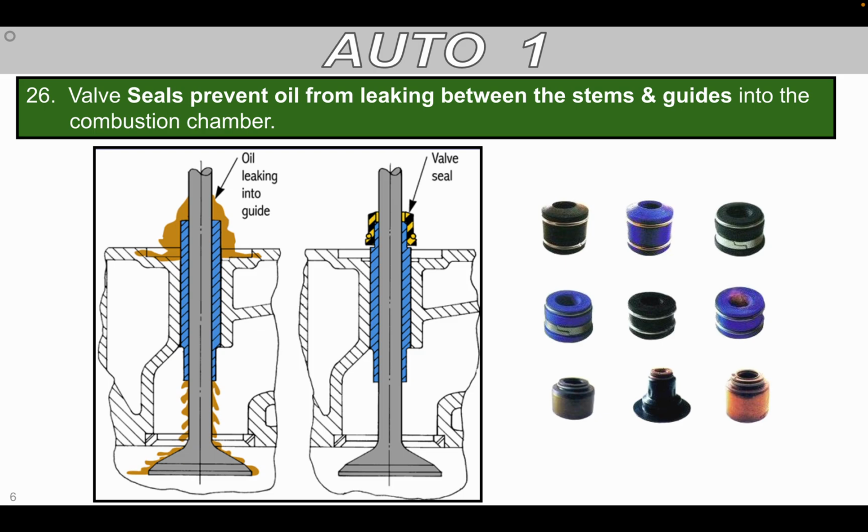The oil that's up in the cylinder head gets in between the guide and the valve. It leaks down here, and then when this valve opens up, that oil drips into the combustion chamber. So we don't want that. So we basically put a little hat that looks like this on that, so the valve can still move up and down, but it seals it.